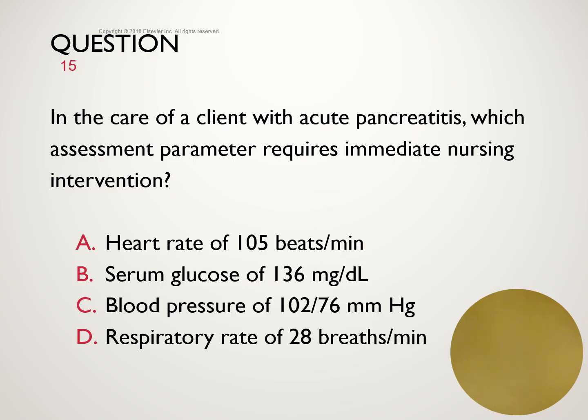If this client is athletic, that could be a very normal blood pressure. It is on the lower side, but the more physically fit we are, the lower our blood pressure. But a respiratory rate of 28 is unacceptable. It's usually caused by pulmonary complications of some kind.